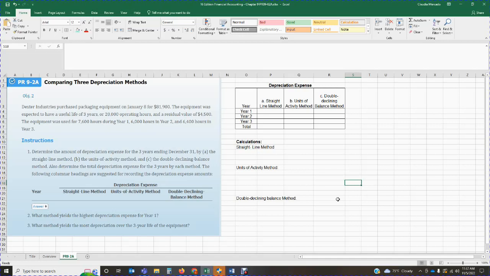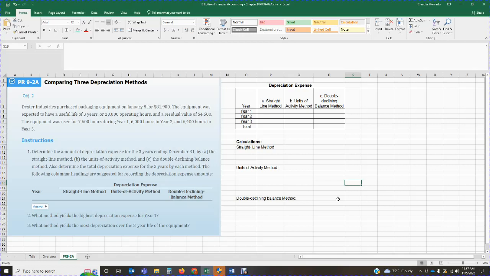The equipment was used for 7,600 hours during year 1, 6,000 hours in year 2, and 6,400 hours in year 3. So we have to determine the depreciation expense for the 3 years ending December the 31st by the straight line method, the units of activity method, and the double declining balance method.